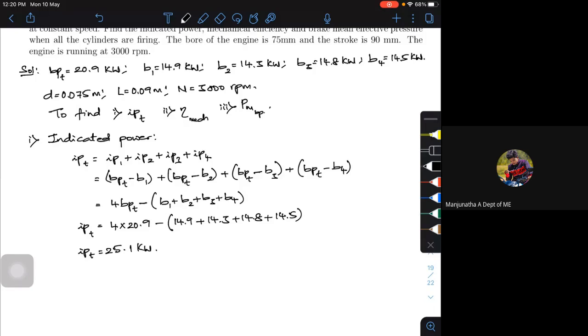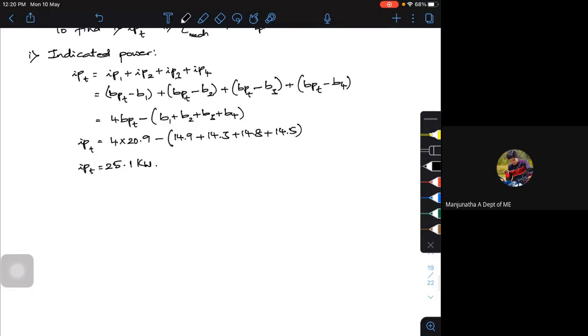What is mechanical efficiency? Mechanical efficiency is brake power divided by indicated power. So mechanical efficiency is given by the total brake power to the indicated power total.